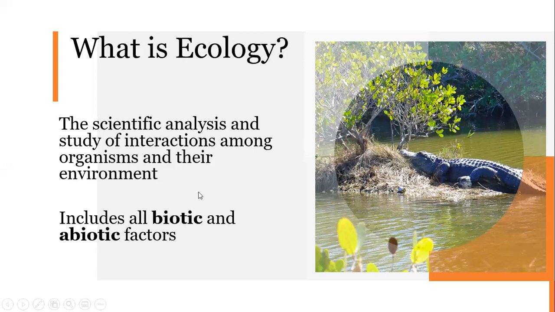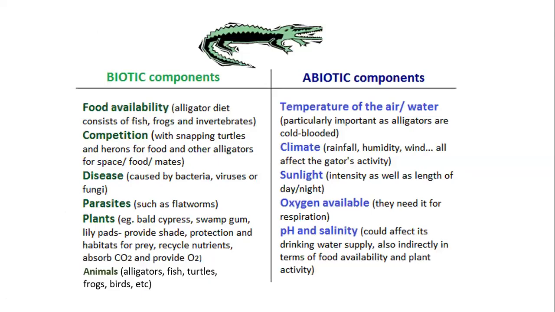We have a lot of examples on the next slide, but there are also abiotic factors such as temperature, weather, things like that, that are not alive, that can influence an organism and where it lives. So, for example, some living components: the amount of food, competition with others, disease, parasites, plants, other animals.